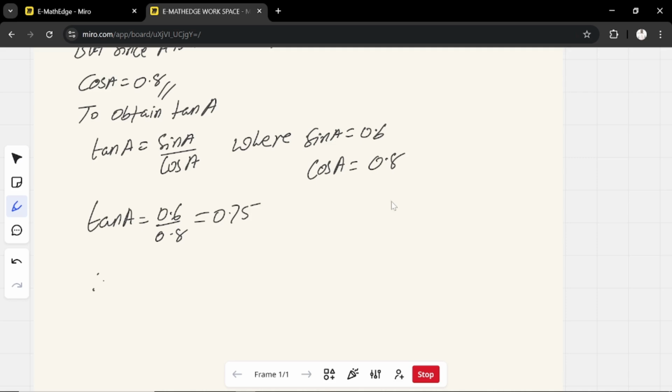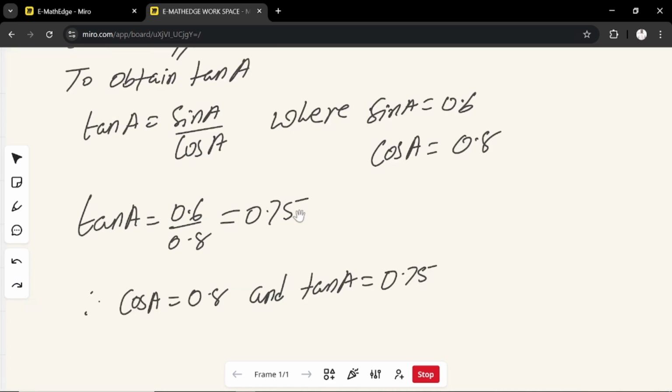Therefore, we can conclude that cos A is equal to 0.8, which we obtained earlier, and tan A is equal to 0.75. So this is the final answer, since we were asked to find the value for cos A and also tan A, and here it is, cos A is 0.8 while tan A is equal to 0.75.